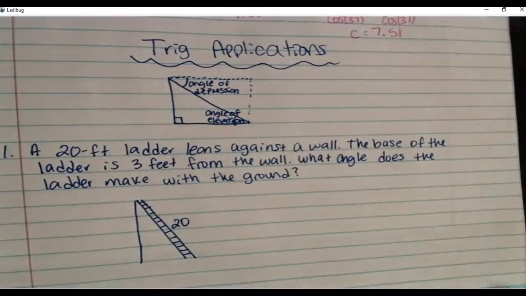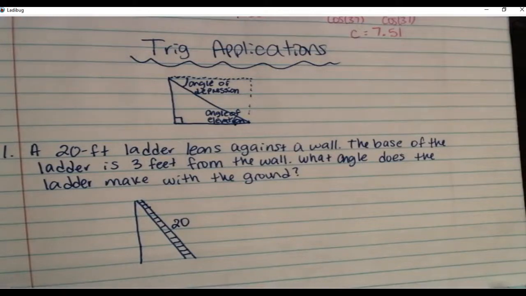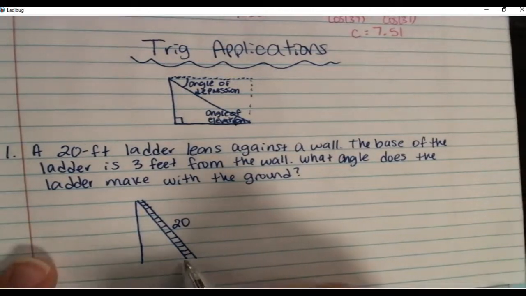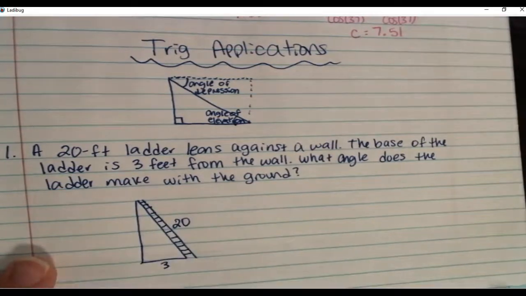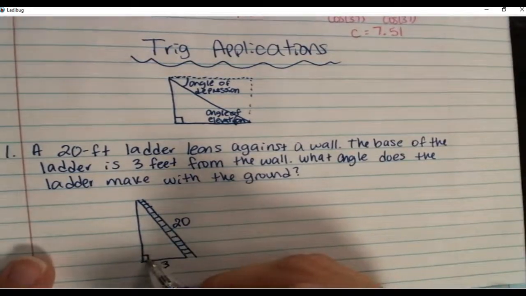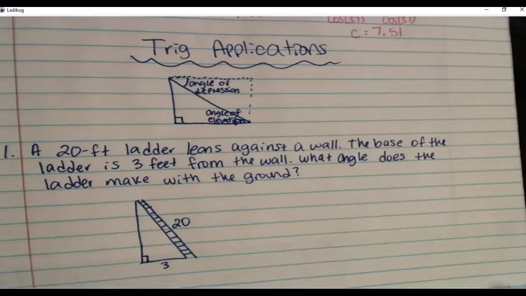So that's the length of our ladder. And it tells me the base of the ladder is 3 feet from the wall. So the base of the ladder to the wall is 3 feet. And then your wall and your floor should make a right angle. Hopefully.